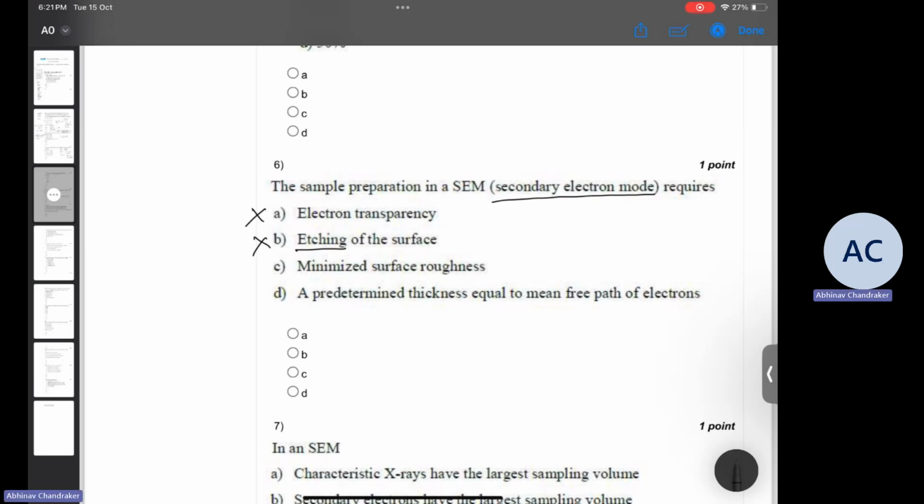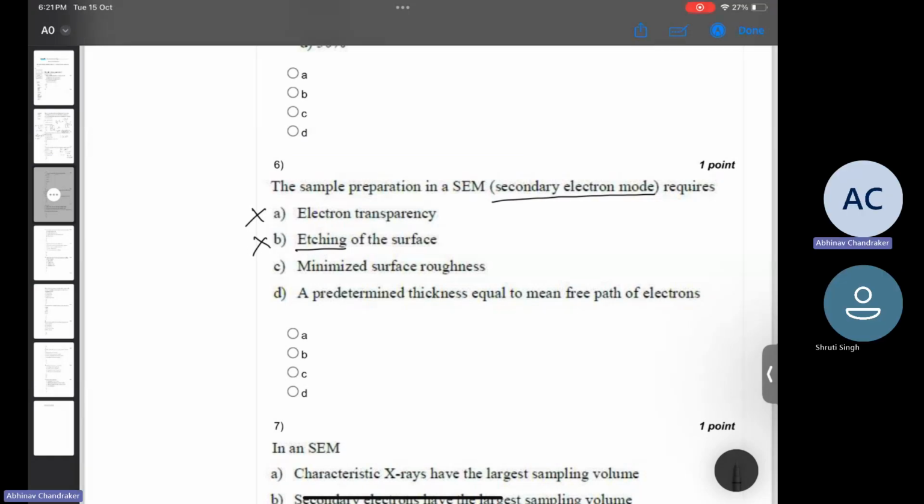But usually, we want to see the surface features or the specific roughness on the surface. So this also should not be the correct answer, unless we are doing some composition analysis or BSE analysis to see some different phases in the material.